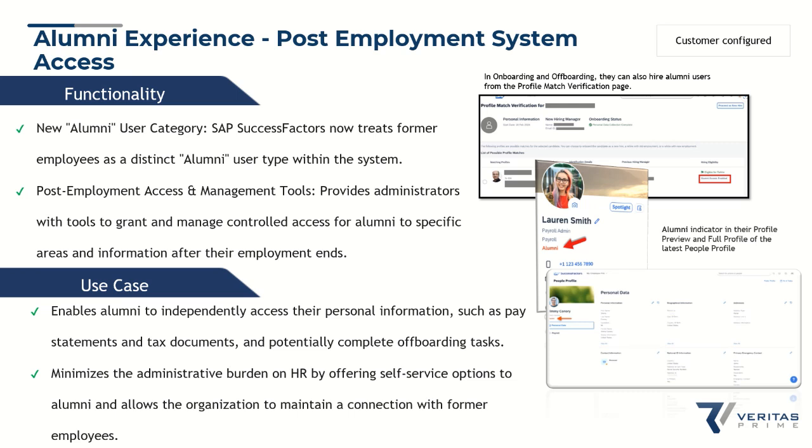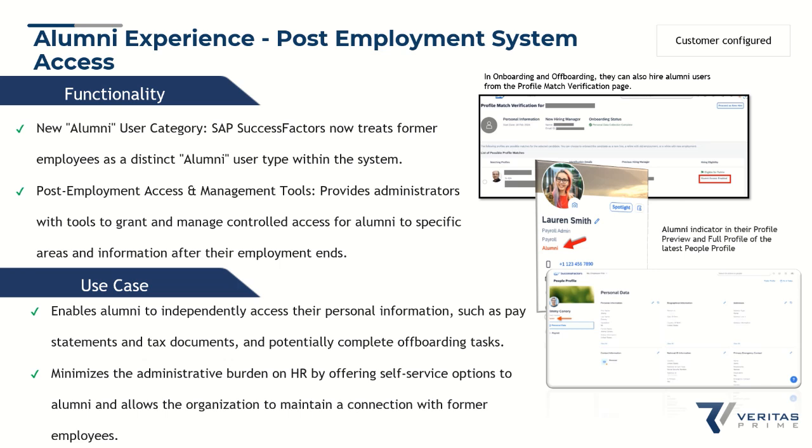And finally, we also want to introduce a brand new capability. It's called the alumni experience. The core functionality involves the tiering of former employees as well as an alumni user type within the system. This allows administrators to grant, manage, or control access for former employees to a special area for information once they leave the company.